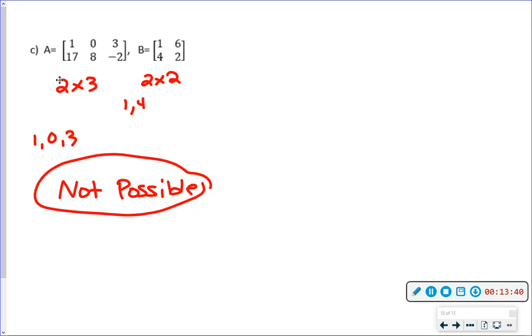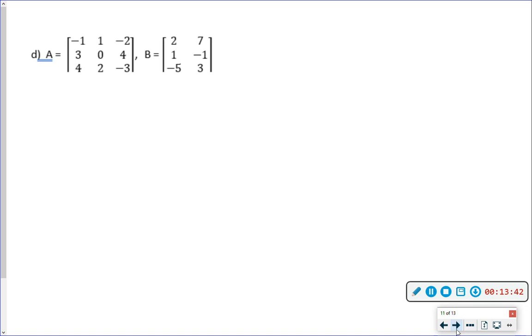All right, let's take a look at this guy. So check the size first. Lord knows we don't want to do extra work. So first one, of course, nice square, 3 by 3, 3 by 2. So definitely we can do it. Again, I'm just kind of mentally spacing out my size there. And then I'm going to, of course, show you something in the calculator when we're done.